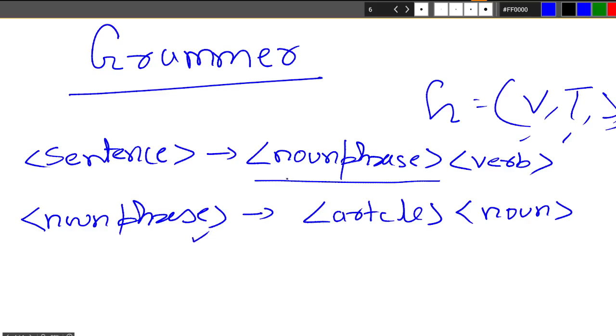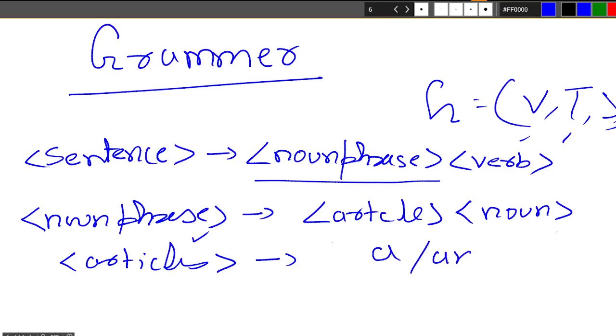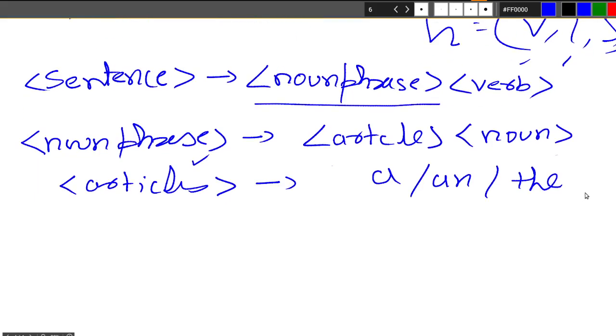Then we can have a dog barks or dog runs, whatever. So let me name the articles and nouns also. Articles will be either a or an or the. Okay, apart from article we have noun.